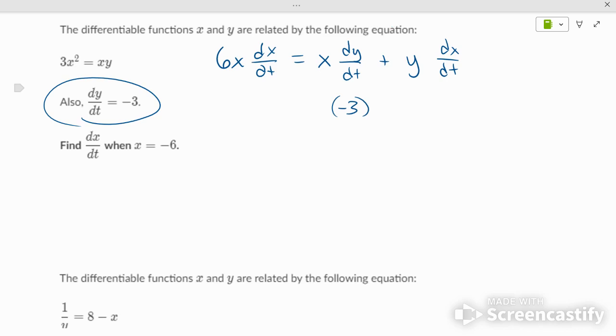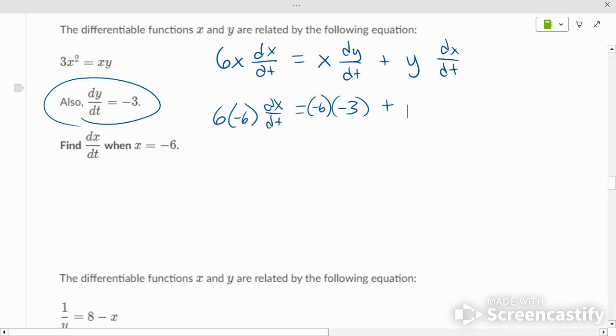Well, x equals -6, so we take 6 times -6, and we're looking for dx/dt equals... x is -6 and y is negative. We don't have y. How are we going to figure out what y is? Because I can't have two variables in an equation and solve for it, can we? How are we going to solve for y? How are we going to know what y equals?